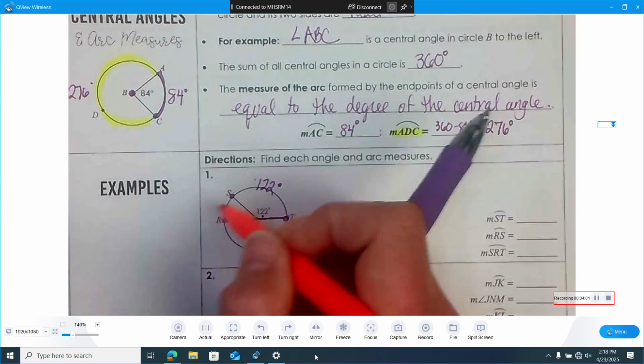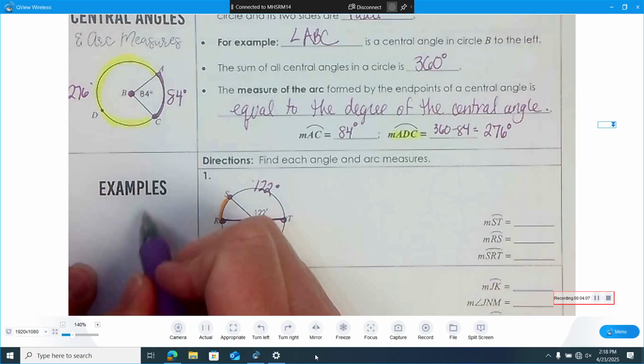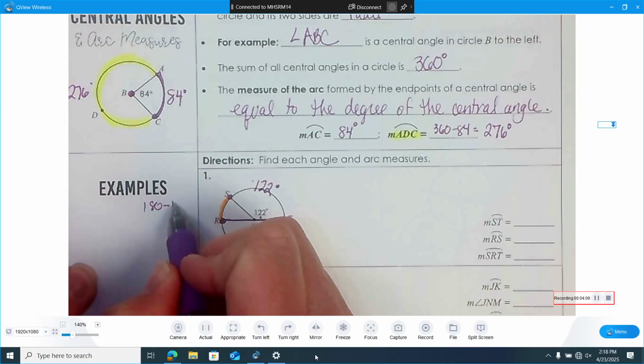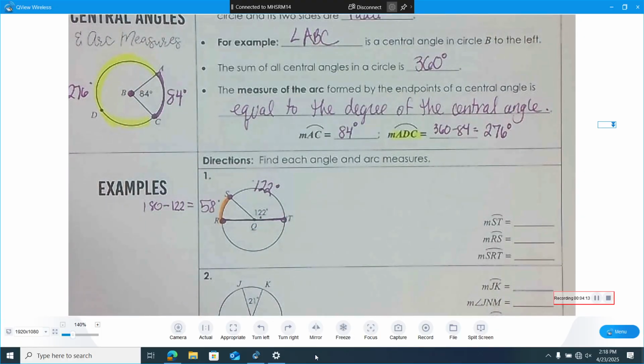Can we figure out just arc SR? It'd just be 180 minus 122. Good. 180 minus 122 equals 58.